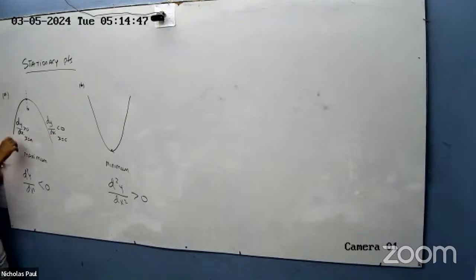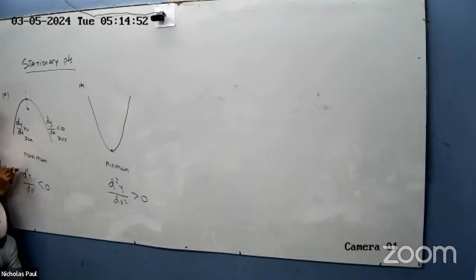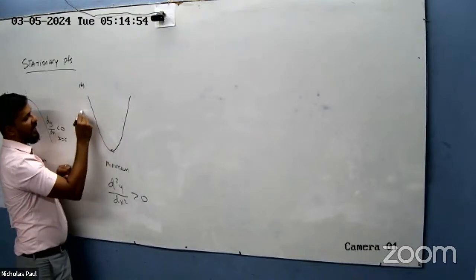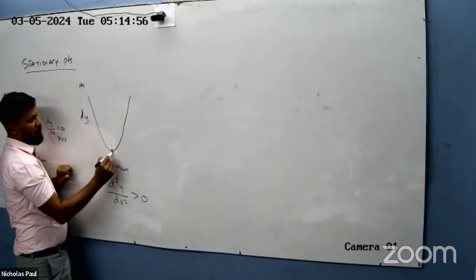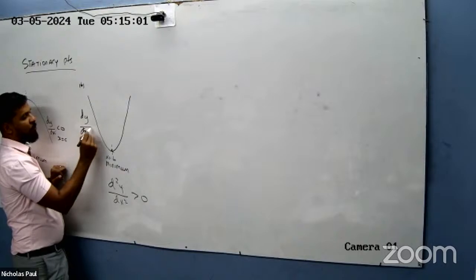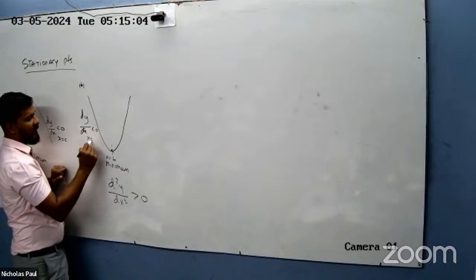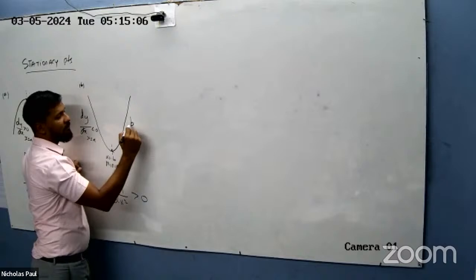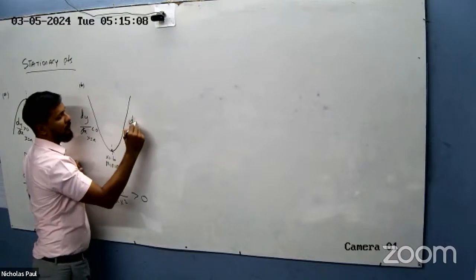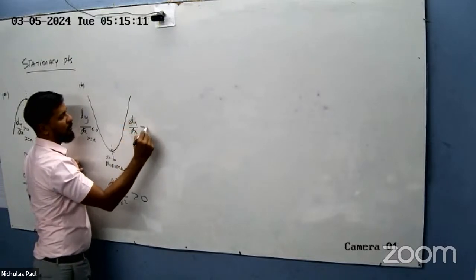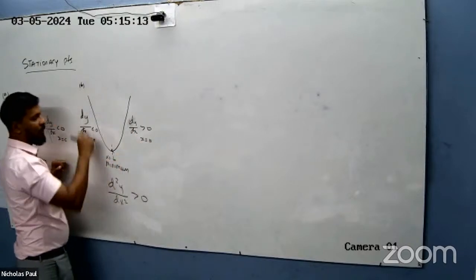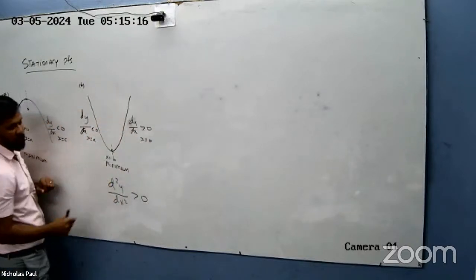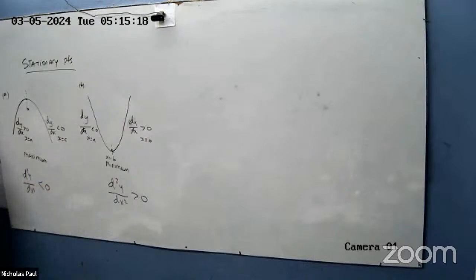If your first derivative, on the other hand, goes from less than 0 when x is equal to a, to more than 0 when x is equal to c, you have a minimum point. All these things you might remember from Form 5.